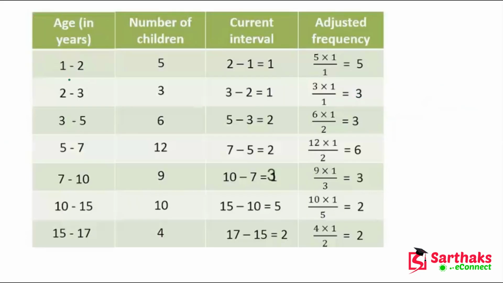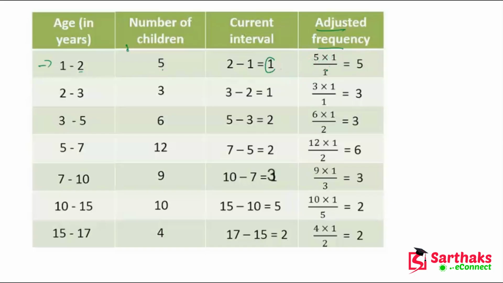Here we have the intervals, which are ages in years, and we have the number of children. This is the current frequency, and here is the current interval: 2 minus 1 is 1, 3 minus 2 is 1, and so on. And here is the adjusted frequency. The current frequency is 5 into the required size of interval, the minimum size of interval, which is 1.